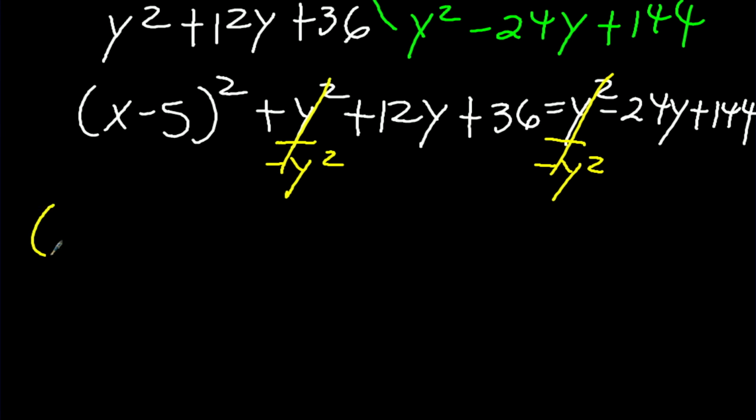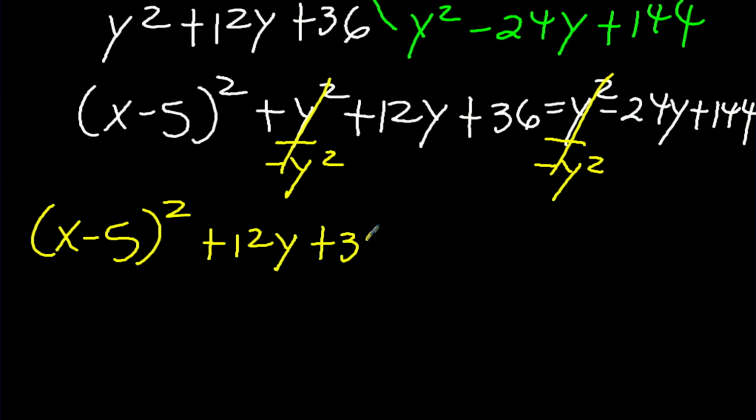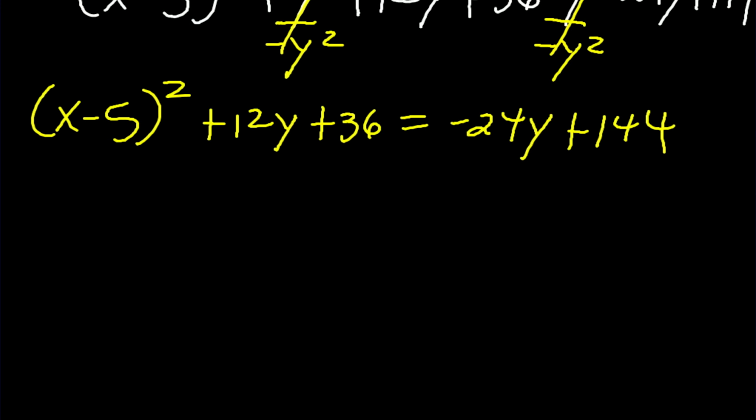So I'm left with x minus 5 quantity squared plus 12y plus 36 is equal to negative 24y plus 144. Now my goal is to get all my y values on the same side and simplify.